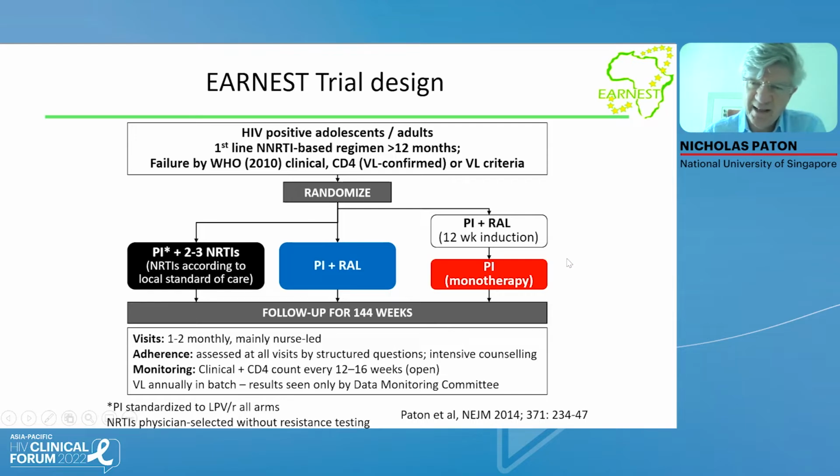The rationale behind that was we felt at that time these nucleosides and recycling nucleosides probably weren't doing very much in second-line therapy, and therefore we could just drop them and people would probably do absolutely fine. So this was 144 weeks, so a 3-year study following the public health approach with monitoring. And critically, the nucleosides were selected by the clinicians without resistance testing, as was the norm at the time.